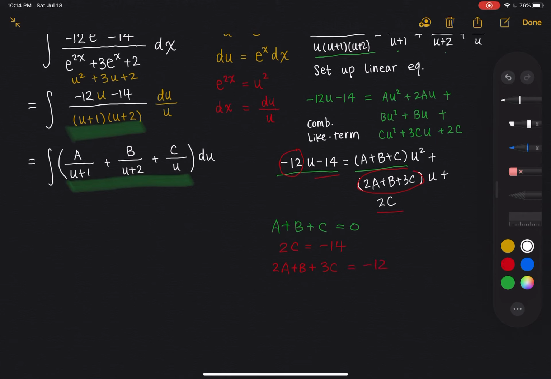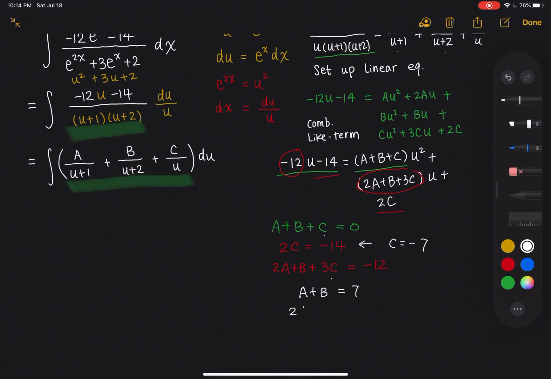Now this is just a matter of solving a linear system. The easiest one to solve is this one: 2c equals negative 14, so c equals negative 7. Once you know c equals negative 7, you plug it in here and there. So a plus b must equal 7, because a plus b plus negative 7 equals 0. Same thing right here: negative 7 times 3 is negative 21.